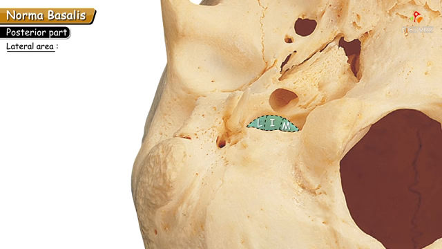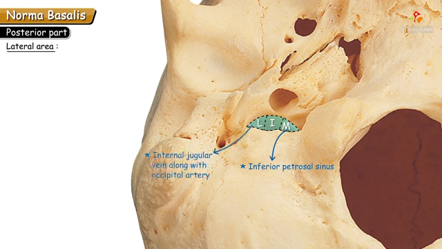The structure passing through the medial compartment is the inferior petrosal sinus, a dural venous sinus. Looking at the lateral compartment, the structure passing through the lateral part is the internal jugular vein, an important one.